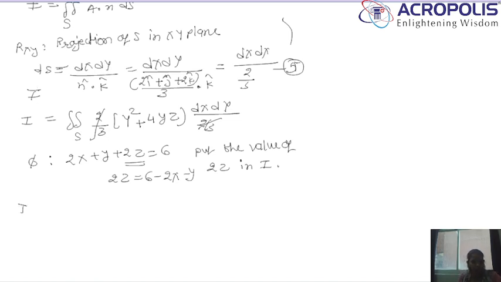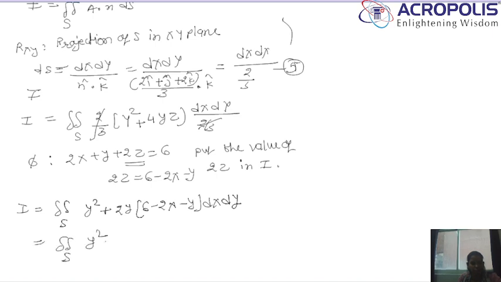So I equals the double integral of y square plus 2y, taking 2 outside, and we put the value of 2z, 6 minus 2x minus y, dx dy. So here the double integral over S of y square plus 12y minus 4x square, and if we take 2 outside, here is only 2, here is only 2.